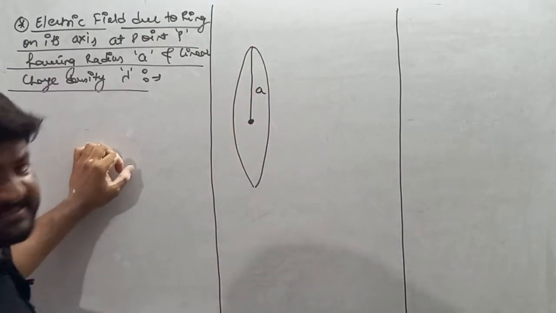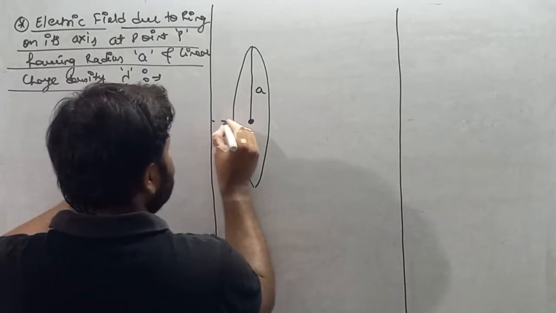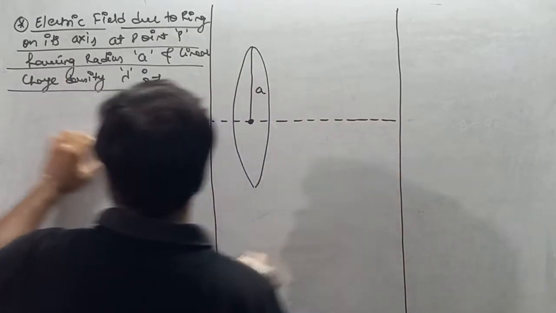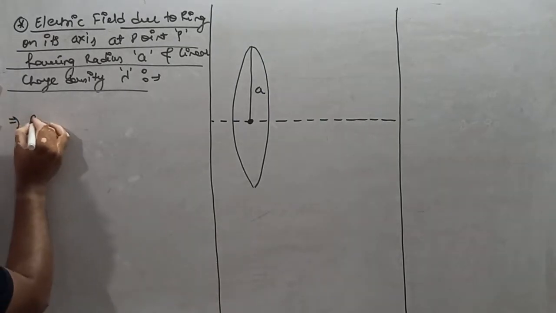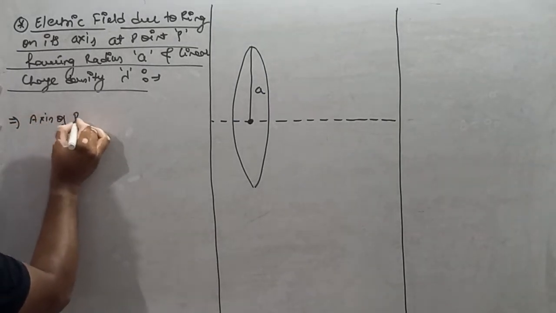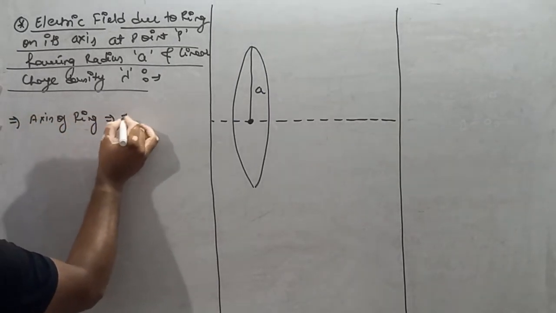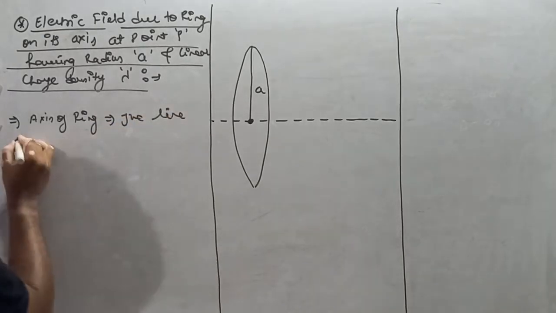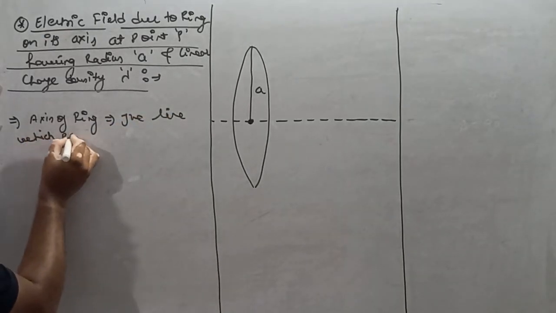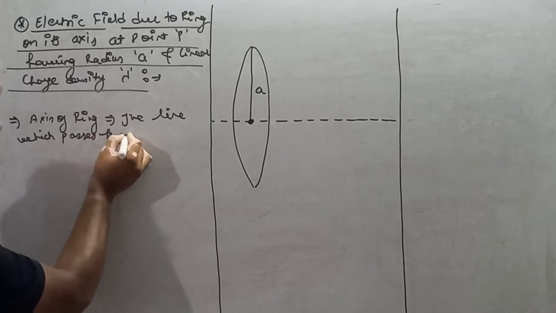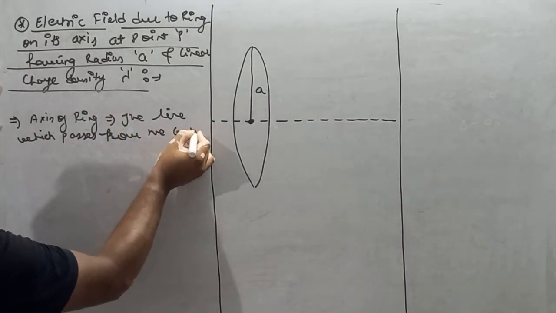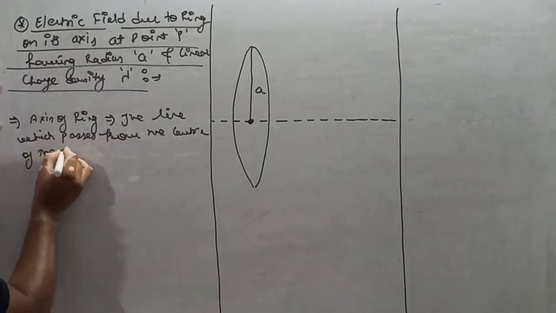Its axis means the line which passes through the center of the ring. I'll write here: axis of ring means the line which passes through the center of the ring.